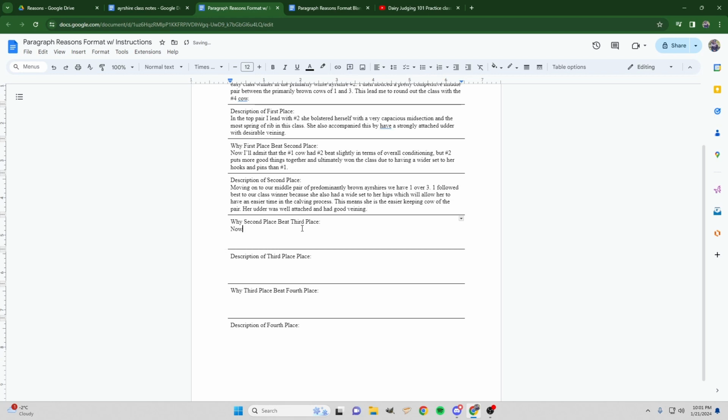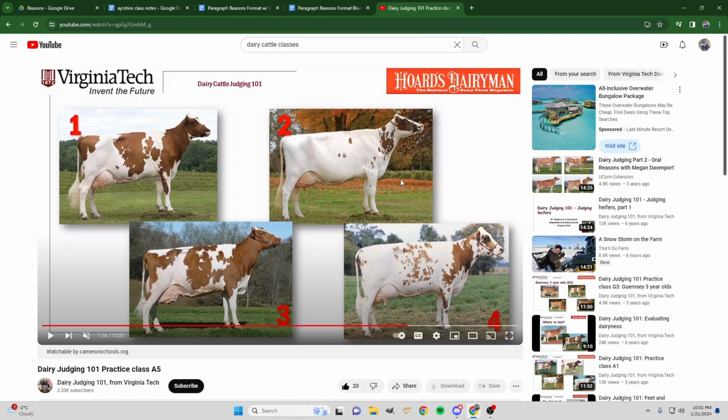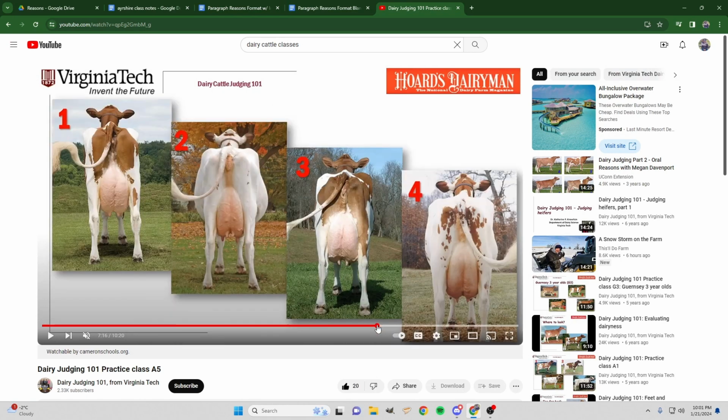Another good transition for a grant is, now I can see that the number... let's look at number 3 real quick and try to find a difference between the two, and I think it's going to be right here. Number 3 probably had her beat slightly in terms of overall capacity of the udder and in her rib.